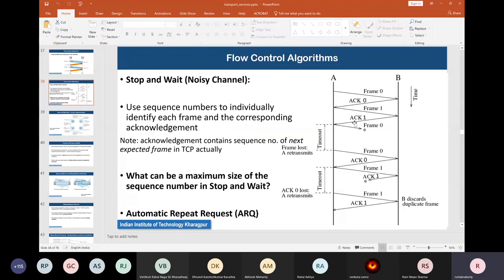If the sender does not receive the acknowledgement, it has no idea what happened, whether the packet that was sent got lost or its acknowledgement got lost. So the only thing it can do is retransmit the packet, and that is what it does.